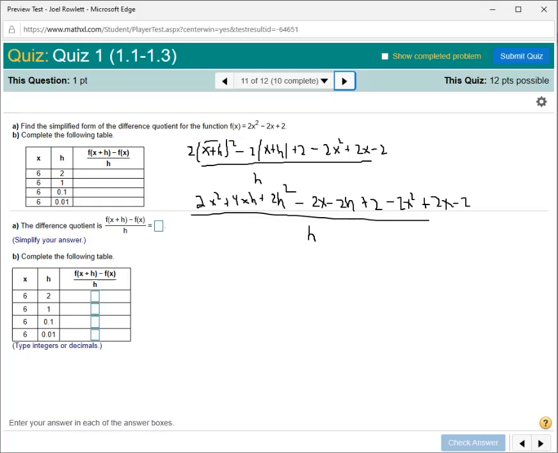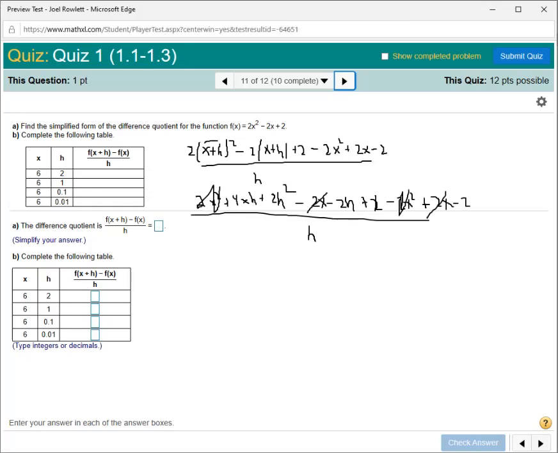Now this is what I like about the difference quotient. If we do it correctly, a lot of things should cancel out in the numerator. For example, I have 2x squared here, which would take this 2x squared out, because 2x squared minus 2x squared is 0. Also, notice I have a negative 2x and a positive 2x here. That will zero out.